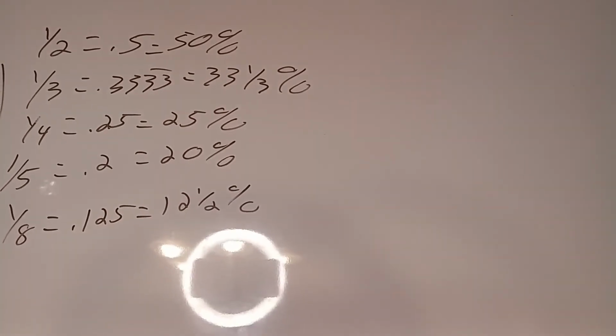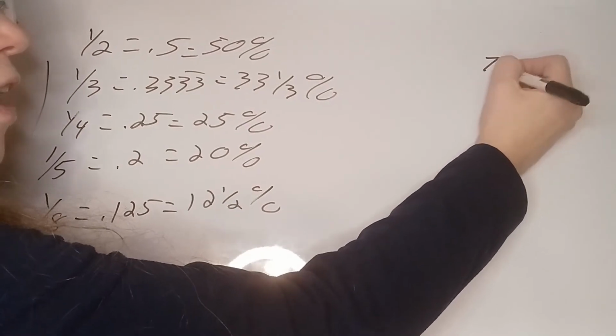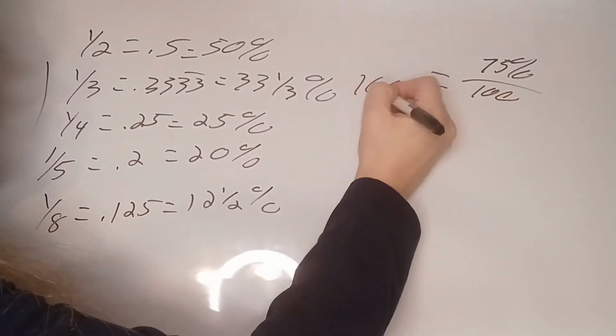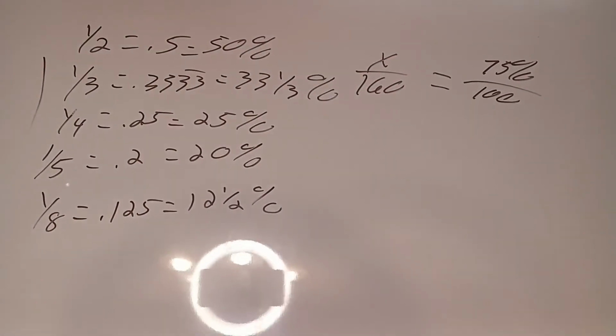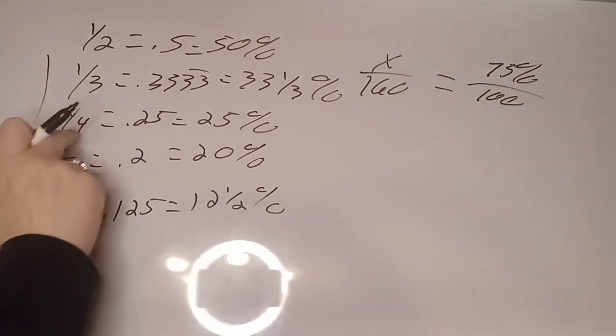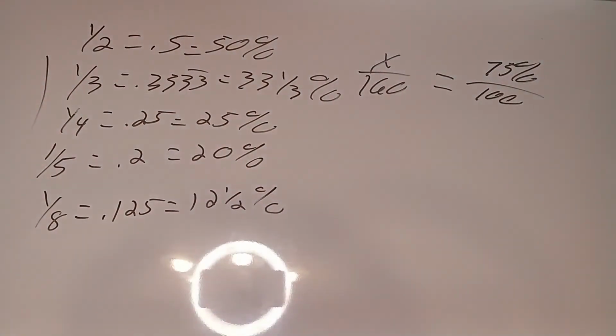We can also use multiples of these numbers. For example, let's say we needed 75% of 160. I don't want to multiply 75 times 160, right? That's kind of a pain. So we can say, 25% is 1/4. We need to multiply 25 times 3 to get to 75.